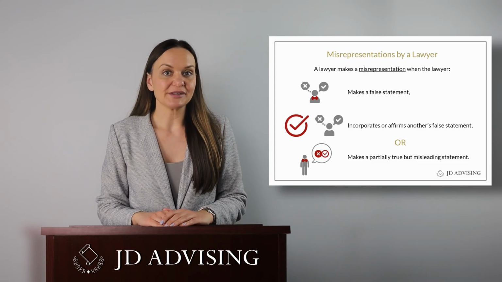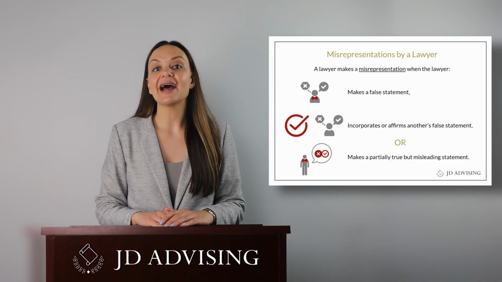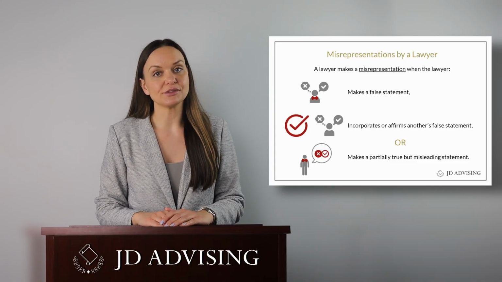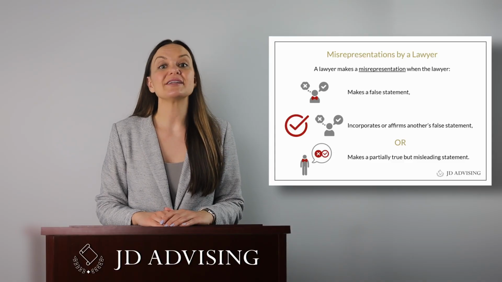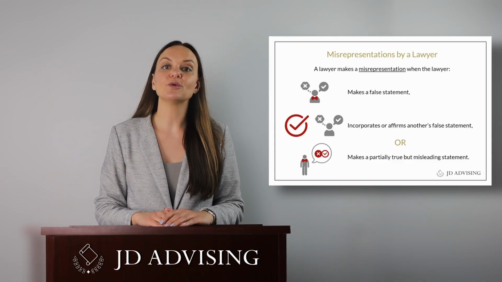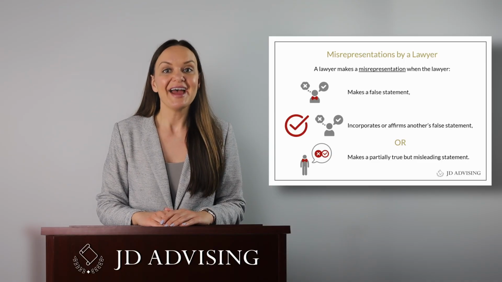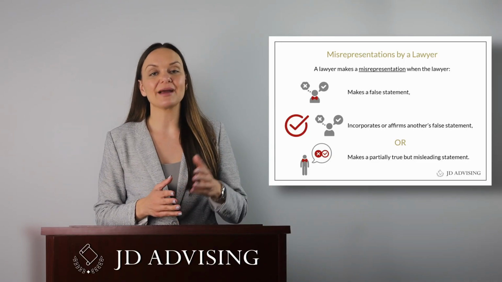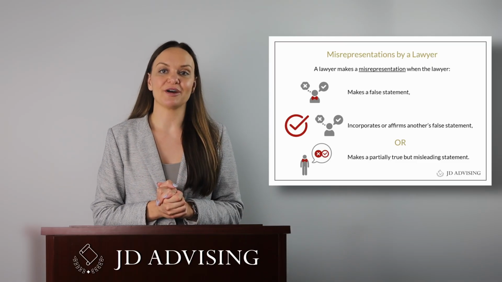The next part of the rule says, in the course of representing a client, a lawyer shall not knowingly fail to disclose a material fact or law to a third person when disclosure is necessary to avoid assisting a criminal or fraudulent act by a client, unless disclosure is prohibited by the rules of confidentiality. So there's a lot to unpack with this part of the rule.